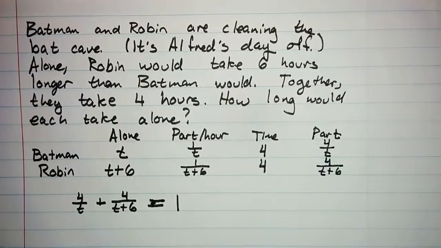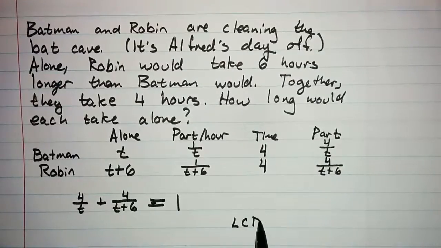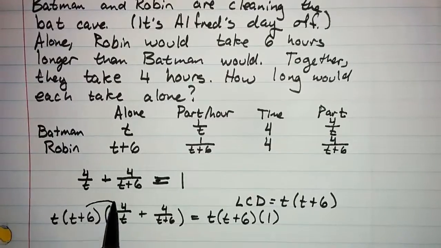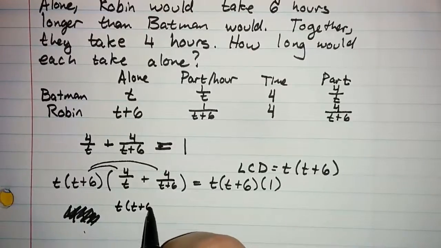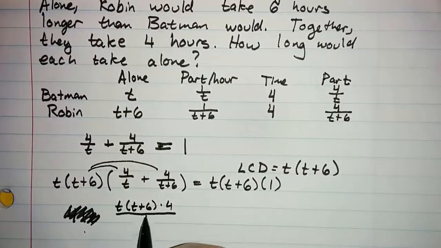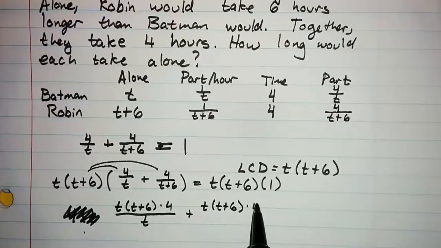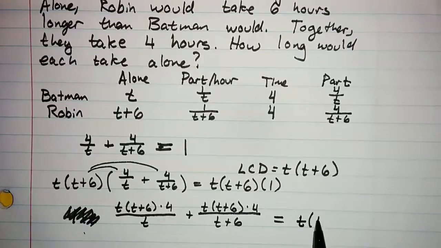Again, this is a rational equation, and it's easy to see that my least common denominator will be T times (T+6). So I'll multiply both sides by that. On the left-hand side, I distribute. On the right-hand side, I'm just multiplying by 1, T times (T+6).